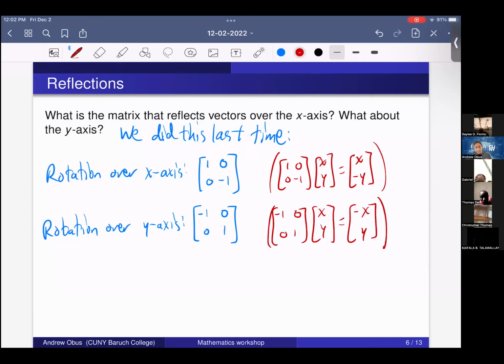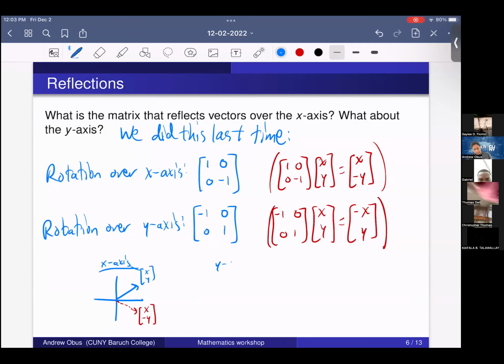And this was exactly reflection over the x-axis, because if we have a vector here, which is given by xy, then its reflection over the x-axis is given by x, minus y. And so this would be the x-axis.